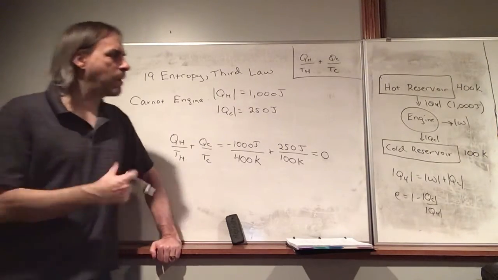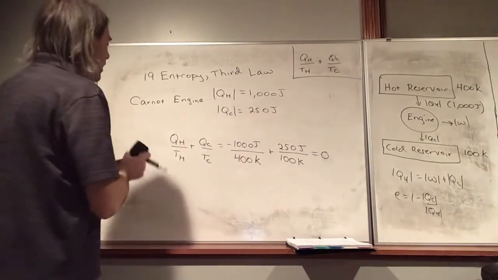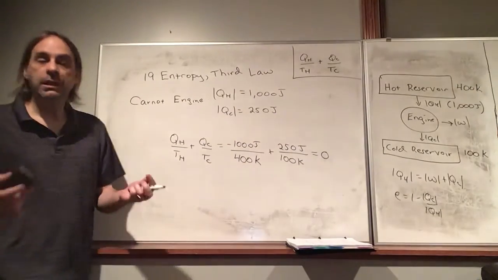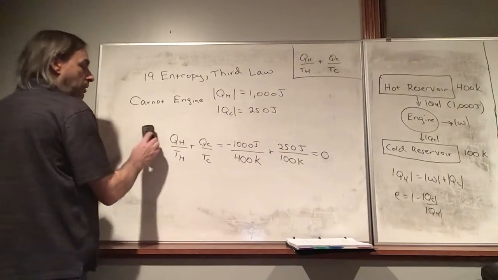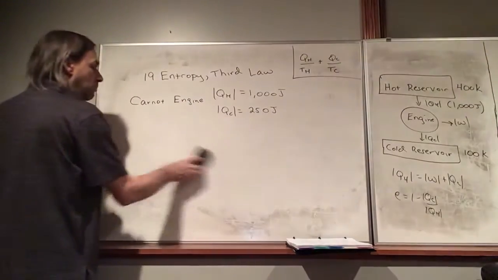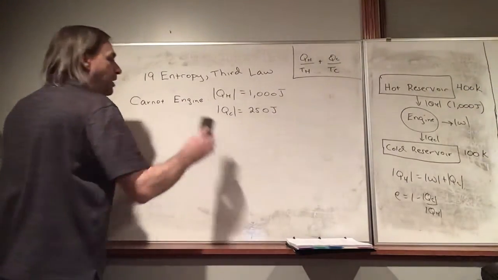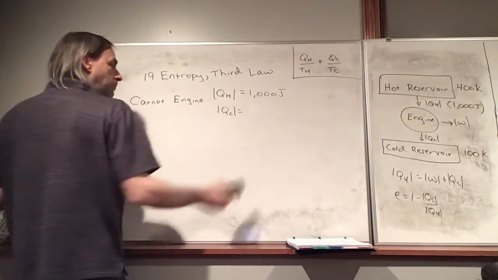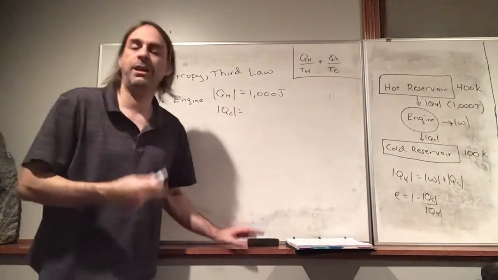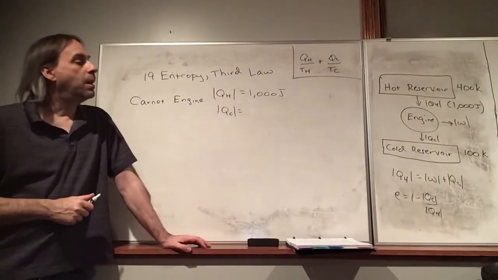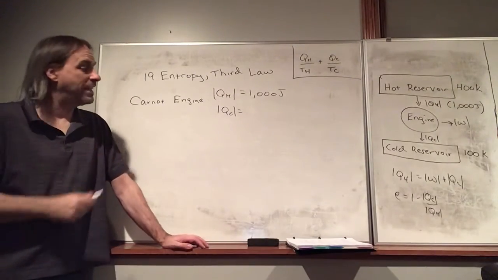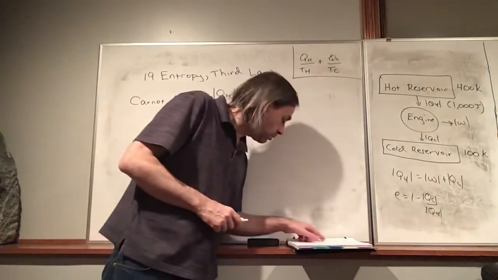Let's look at a more realistic engine, though. Something with the efficiency of a Carnot engine is extremely difficult to actually build. Probably impossible to get it exactly right, but we can get fairly close to it. Okay, so let's look at a real engine.